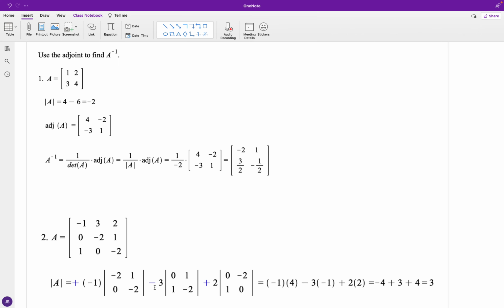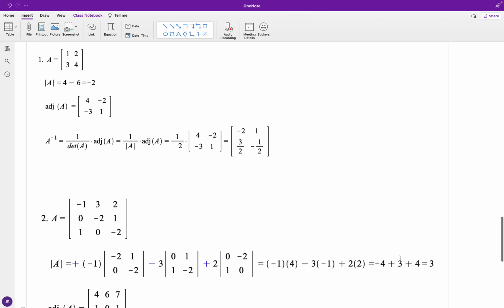Then we have -3 times the determinant of 0 and 1 at the top, 1 and -2 on the bottom. And we have +2 times the minor of the first row, last column, so we have 0, -2, 1, 0. And so we have here -1 times 4, -3 times -1, and +2 times +2. And so we have -4, +3, +4, and the value of the determinant of matrix A ends up at +3.